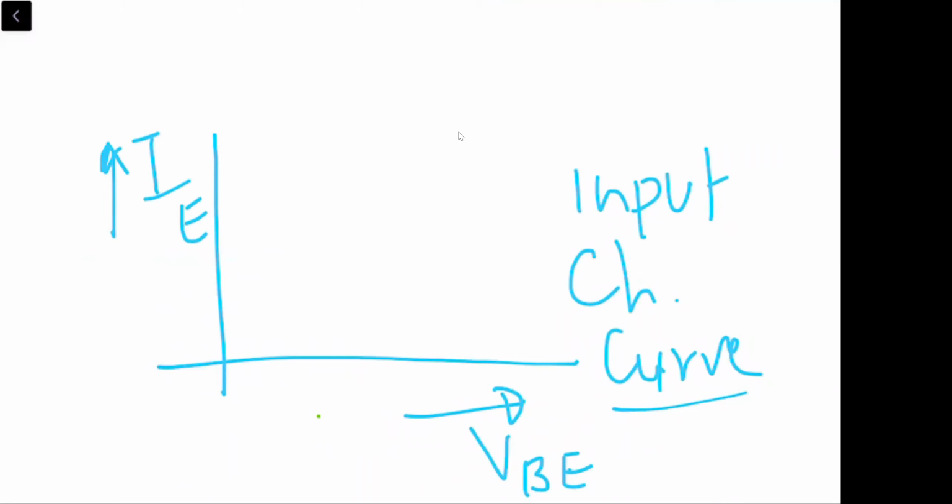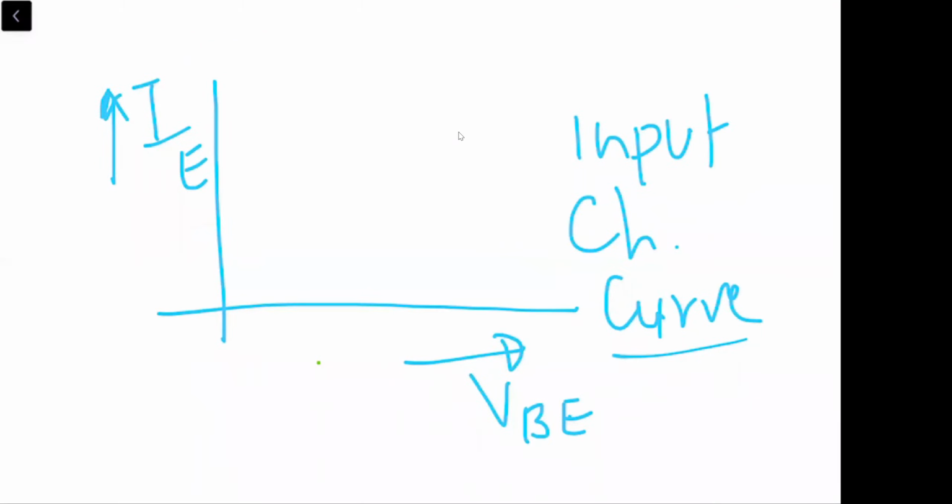So we say that the curve between the input current and input voltage will be something like the curve for the forward bias diode. Are you with me? Right?